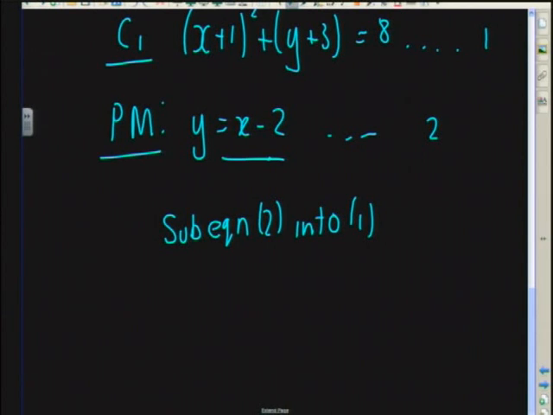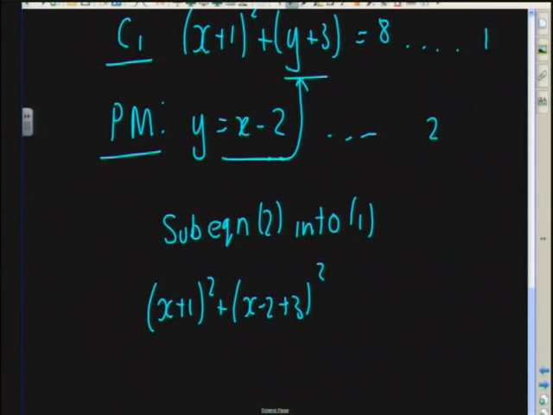So in this expression for the circle I can replace y with x - 2. So now my circle equation is going to become (x + 1)² + (x - 2 + 3)². Do you see what I've done there? I've replaced the y with x - 2.